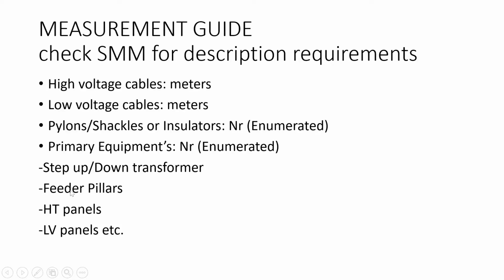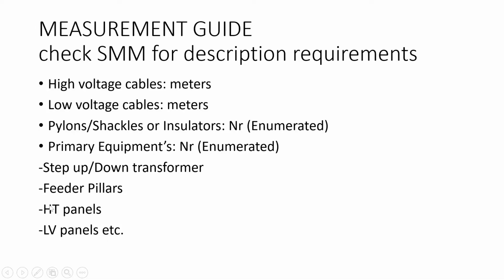Good. So now, after our step up or step down transformer, the next item is what? Your feeder pillars. Feeder pillars are also categorized as primary equipment. So your feeder pillars would be measured also as enumerated items. So all you just need to do is count. Tell us the number of feeder pillars that need to be procured. Good. The next one is high tension panels or low voltage panels, whatever the case may be.